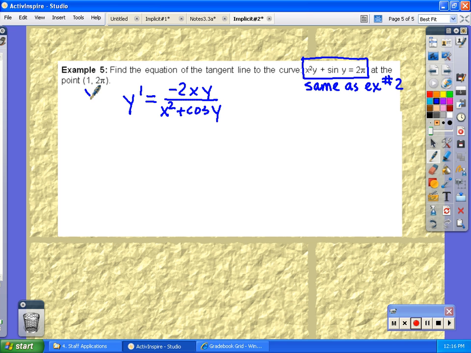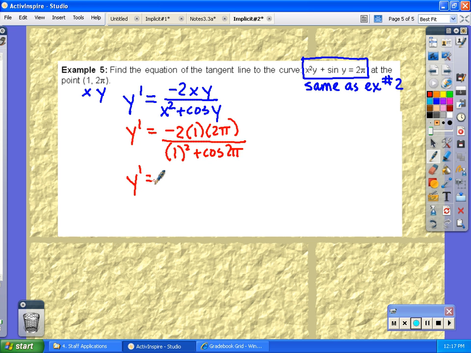I'm going to substitute 1 for x and 2 pi for y. Don't be concerned that one of the values is 2 pi. You certainly can use your calculator, and you want to be in radian mode, but I don't really think you're going to need it. If I substitute 1 here, and then 2 pi for y, and then 1 squared plus the cosine of 2 pi.